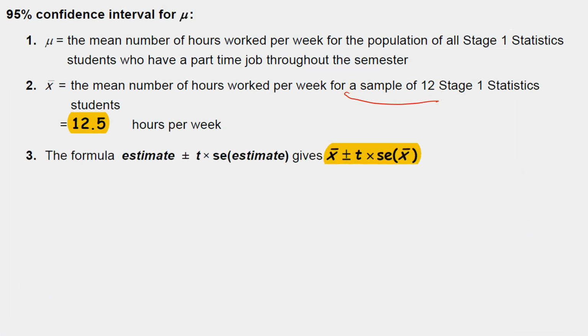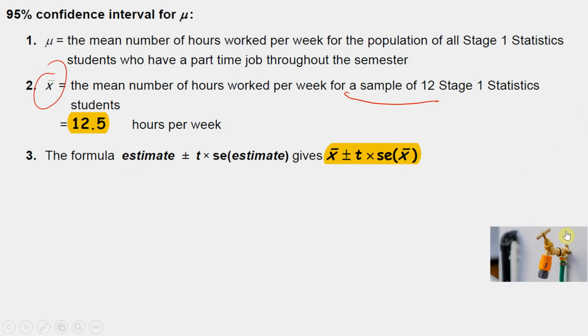Next step, give the formula. On the formula sheet, it's given with the word estimate. We're replacing the word estimate with x bar. So you can see how it sits there. Next, we need our standard error. So we're going to have to go over to the T procedures tool.